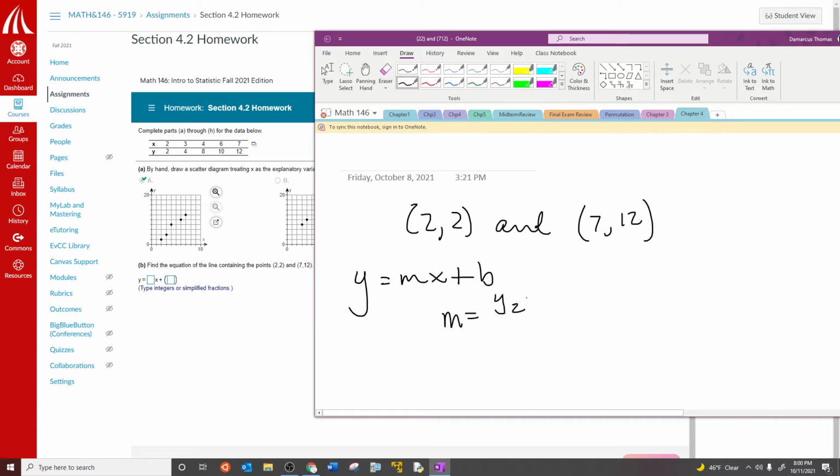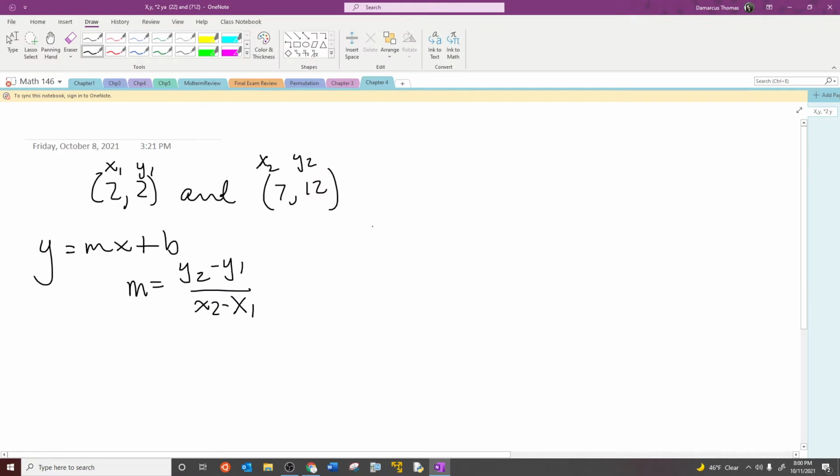That's y2 minus y1 over x2 minus x1. We can just let our first point be x1, y1, and our second point be x2, y2. So m is going to be 12 minus 2 over 7 minus 2. That's 10 over 5, which equals 2. So m is 2.